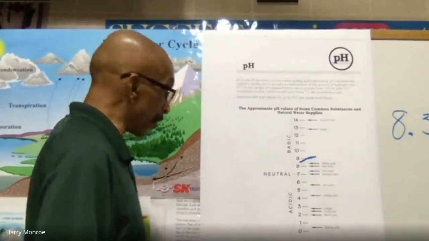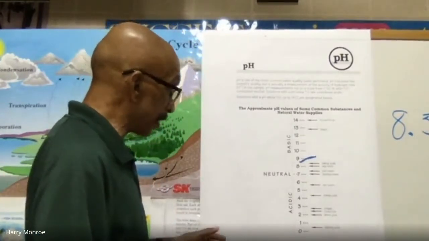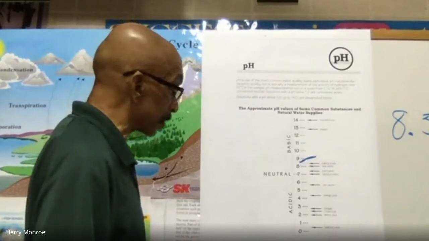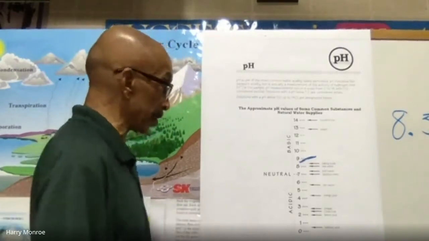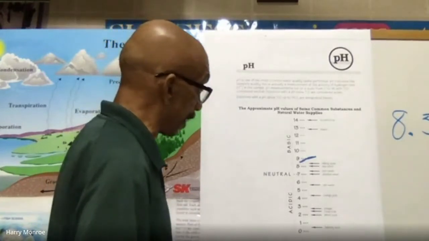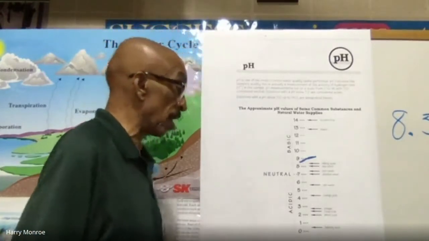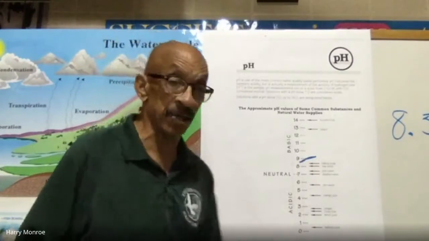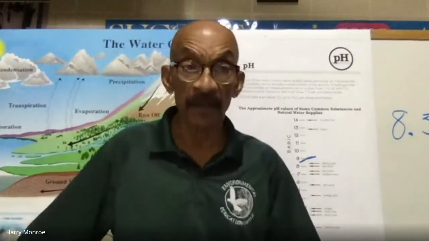Fish and other aquatic life usually need a range somewhere between 6.5 and 8.2 on the scale. Now, I will tell you this also. If you get a reading somewhere around 4.2, guess what's going to happen? All your fish are going to die.